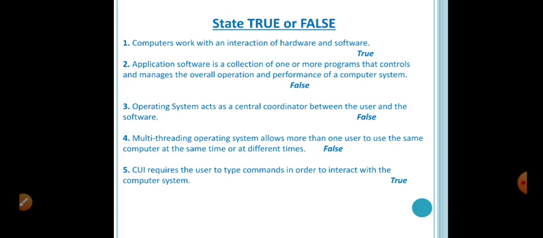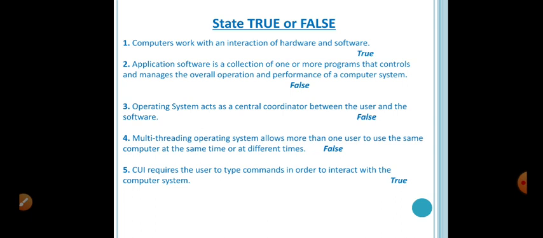Next, operating system acts as a central coordinator between the user and the software. No, it is false. Between the user is wrong. It should be between the hardware and the software. Fourth, multi-threading operating system allows more than one user to use the same computer at the same time or at different times.